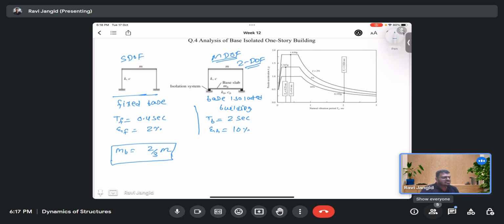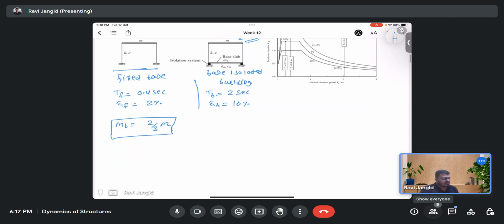We will analyze only the base isolated building, and we can compare it directly with the superstructure single degree of freedom system. For the base isolated building, the base isolation period can be calculated by 2 pi divided by omega b. This is the seismic base isolation period, not the modal one.